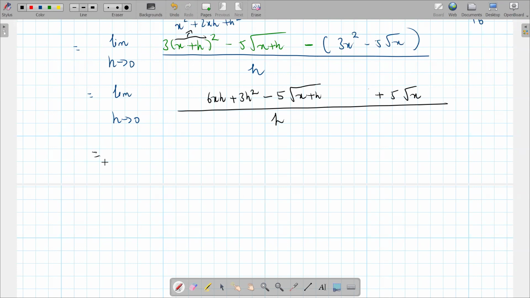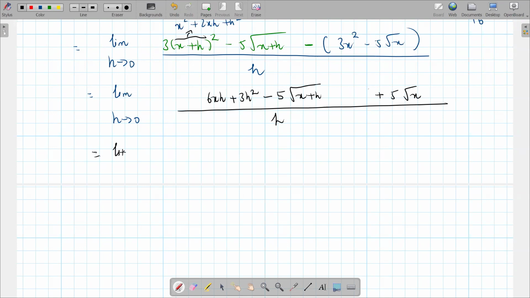Now what are we going to do? Because the goal is to cancel out the h, right? There's a root, we can't really cancel out any of the h's. We could take out this h and this h, but we are not allowed to cancel that with the denominator, not yet. What we're going to do is this.